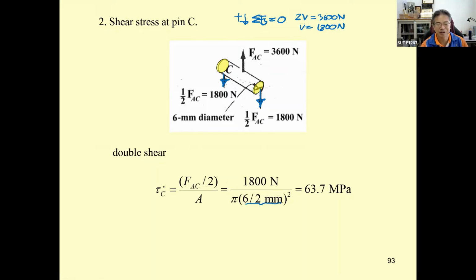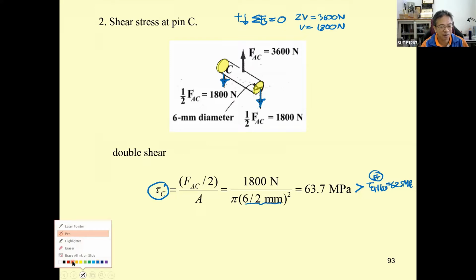Okay, and then you get tau sub C a little bit larger than the tau allowable of the steel, which is going to be 62.5 megapascal. So this way, you have to change the glue at point C. You cannot just use the structural steel.